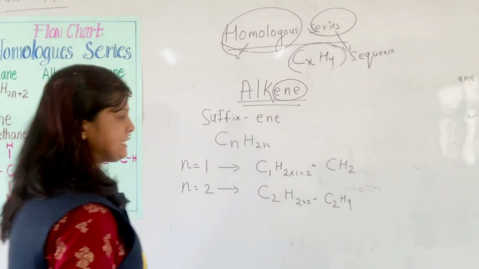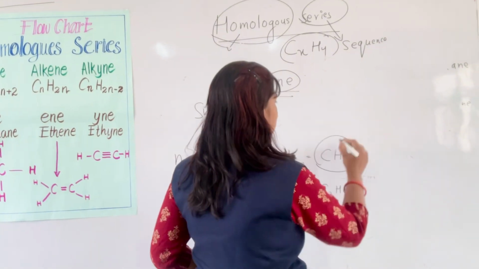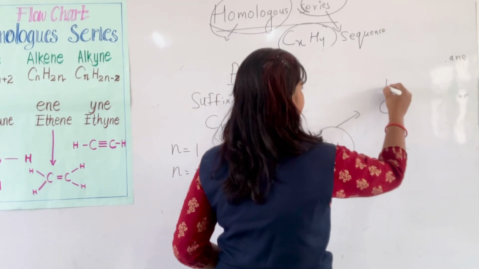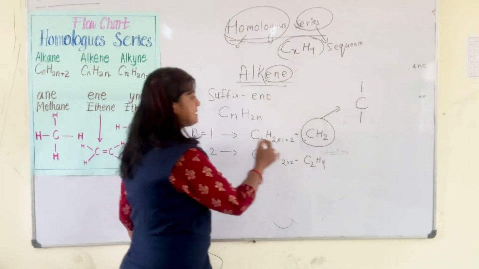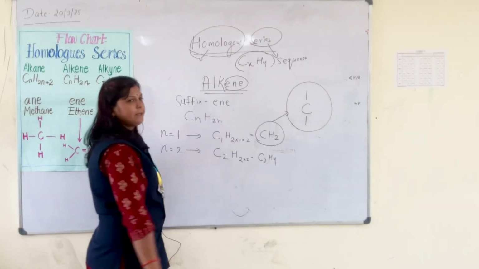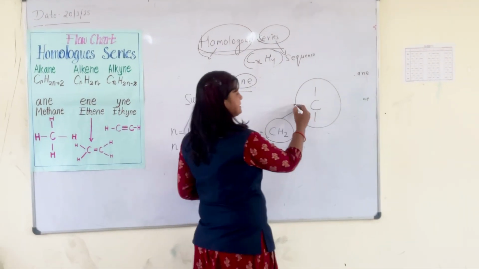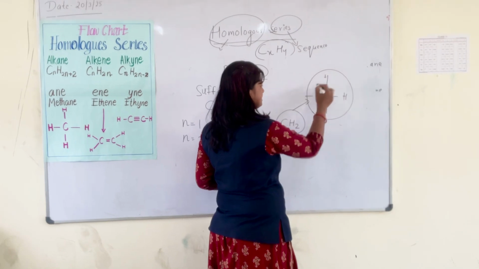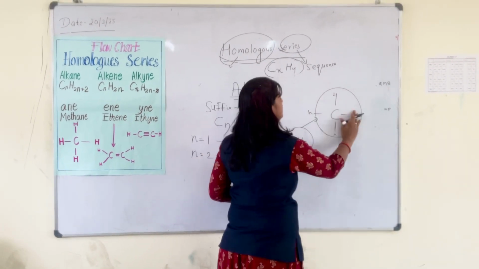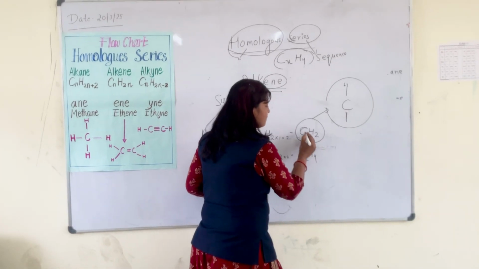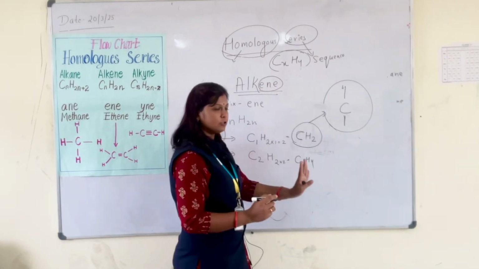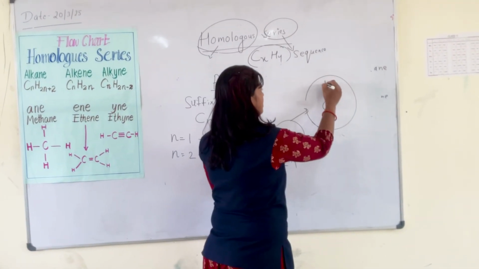Now, you will say that CH2, how to draw? This is CH2. Is this a stable form of carbon? Does carbon contain 4 hydrogen bonds like this? No. Because it has only 1 carbon and 2 hydrogen like this.